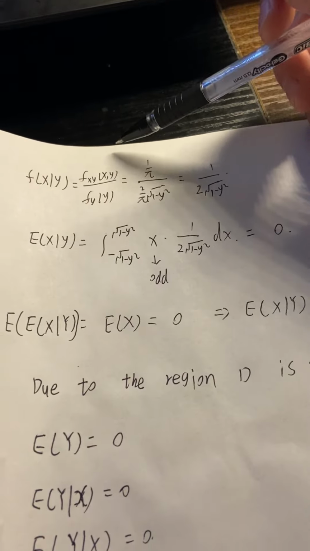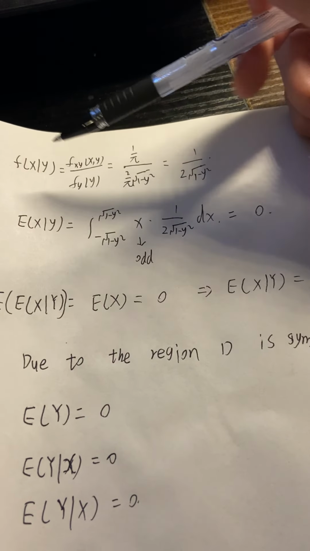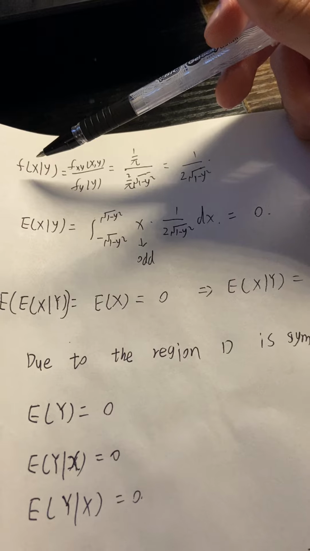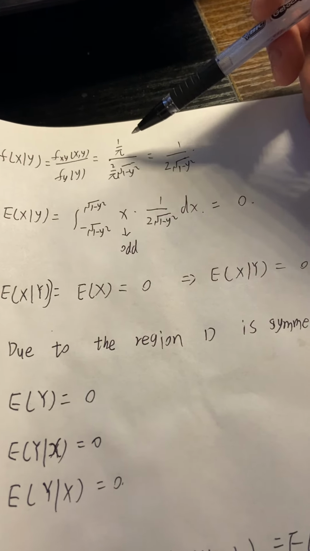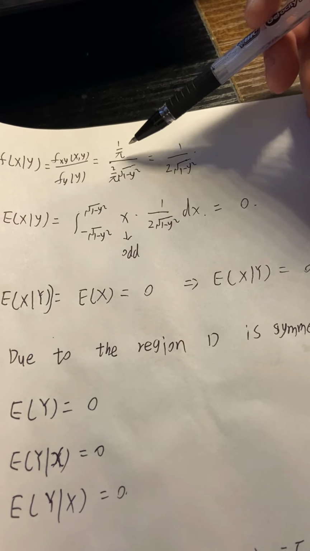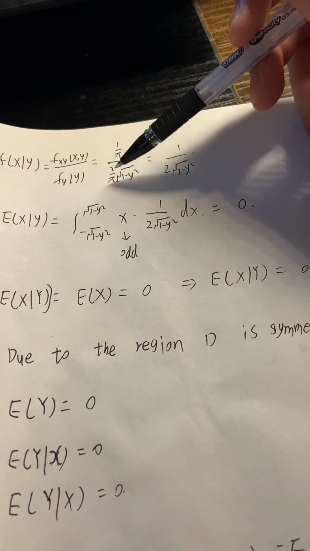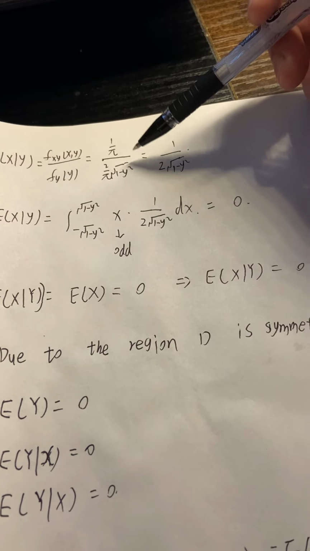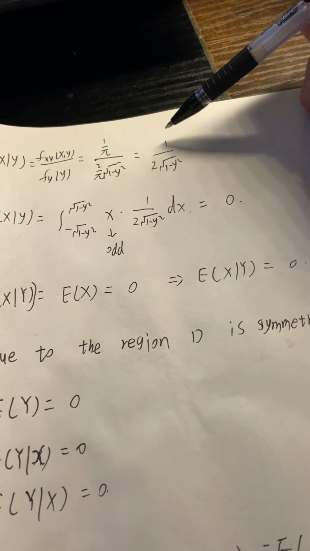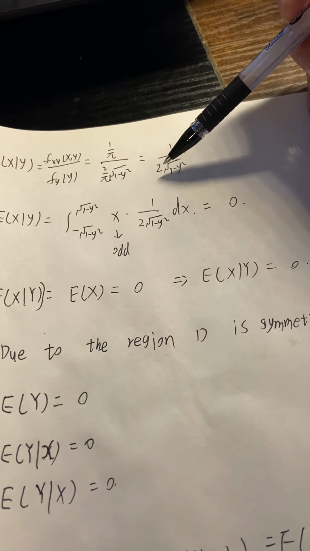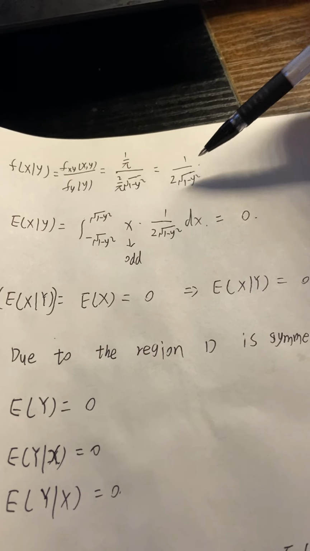Now we have the joint density function and the density function of y. We can calculate f of x given y. It will be 1 divided by pi over 2 divided by pi times the square root of 1 minus y squared. So the result will be 1 divided by 2 times the square root of 1 minus y squared.